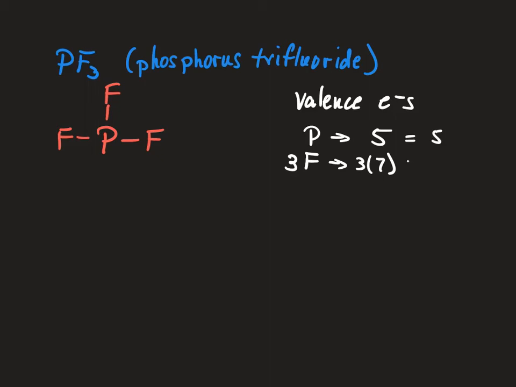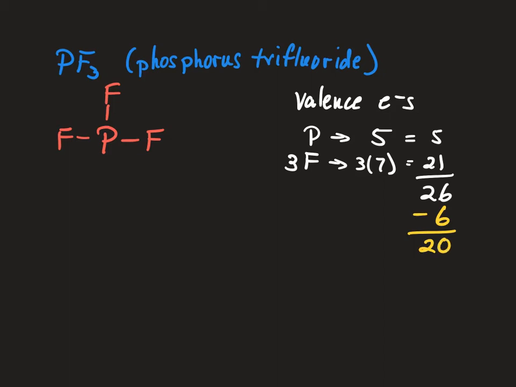That's 5 plus 21, which gives us 26. Our 3 bonds already account for 6 of those, leaving us 20 to distribute.